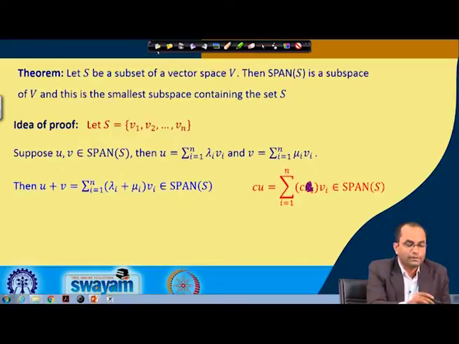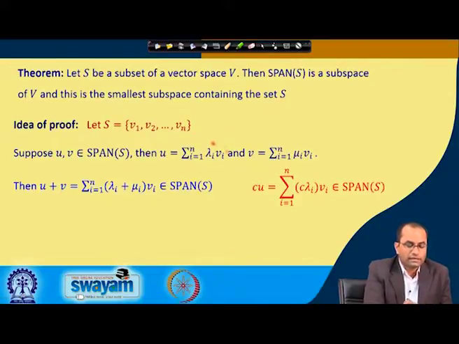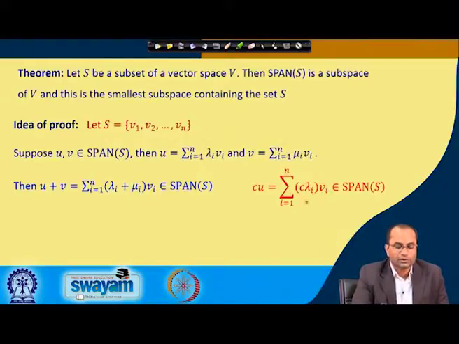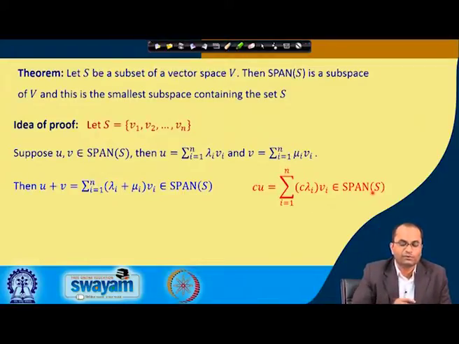Because u is a linear combination, written as the sum of lambda i vi, when we multiply by a scalar c, we get c lambda i times vi. This c lambda i, when we have multiplied the scalar c to lambda i, is another real number, and this is another linear combination of the vi's. Since all linear combinations belong to span S, this element will also belong to span S.